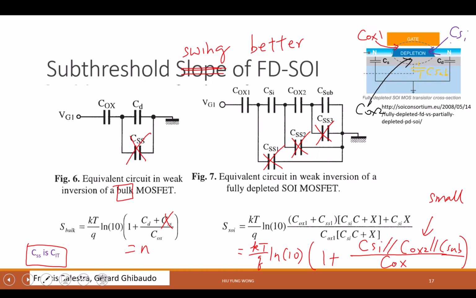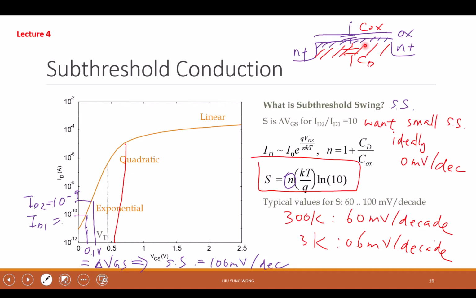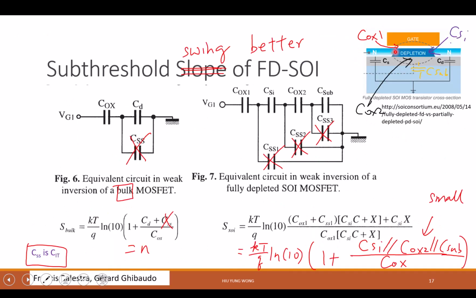Oh, yeah, sorry. I think my internet has a problem. So CD is the depletion layer in the bulk, right? But yes, in FDSOI the whole layer is depleted. Is this okay? Because it's fully depleted SOI, very thin, this is insulator. And next to it is another capacitor, which is also insulator. So this CD is just like CSI.